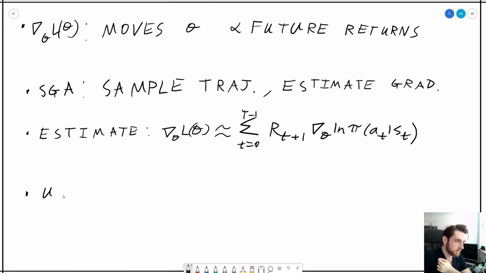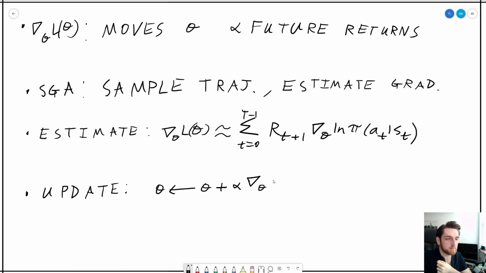And then the update, just doing gradient ascent, is simply that we turn theta into theta plus, because it's ascent, some learning rate times the estimate of the gradient that we calculated, given by this equation up here.